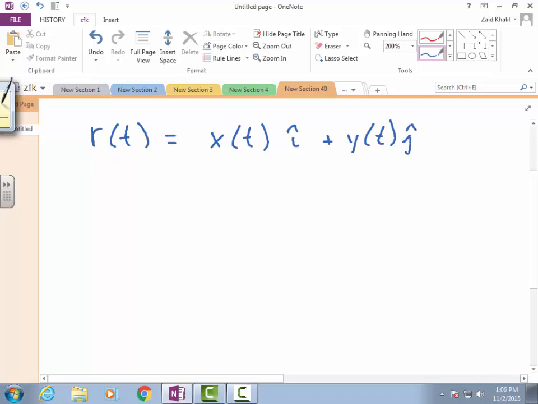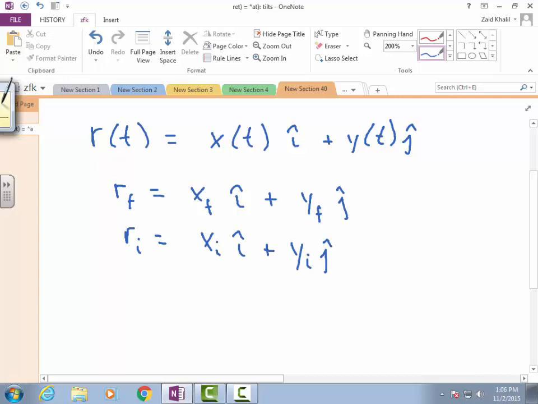So we can actually write this in terms of final and initial as well. We have it as a function of time in general. So r_f is equal to x_f i hat plus y_f j hat. And similarly, r_i is equal to x_i i hat plus y_i j hat.